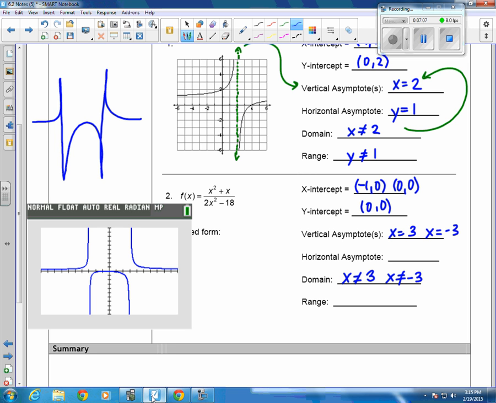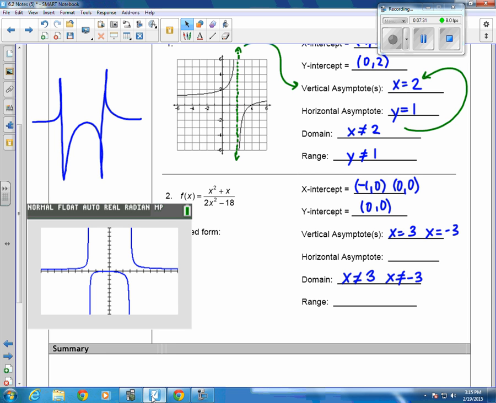Now how about the horizontal asymptote? Yeah, it looks like it goes below the 1, maybe a half. Yeah. Okay. Now, since this one is a little bit harder to tell, go ahead and flip over on your piece of paper and read the definition of a horizontal asymptote. Somebody volunteer to read it for me.